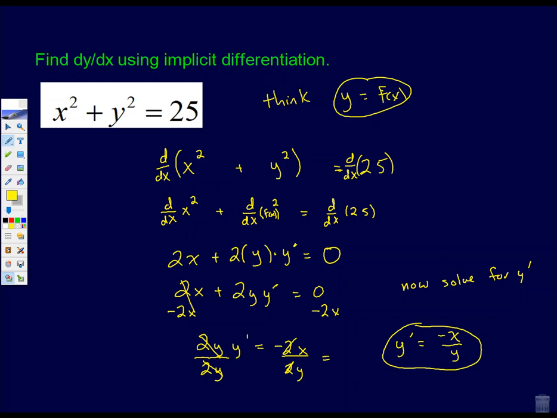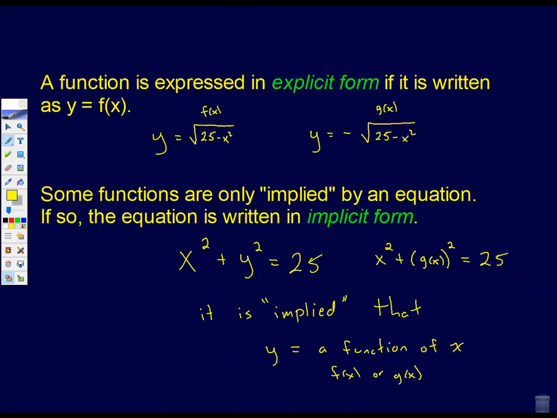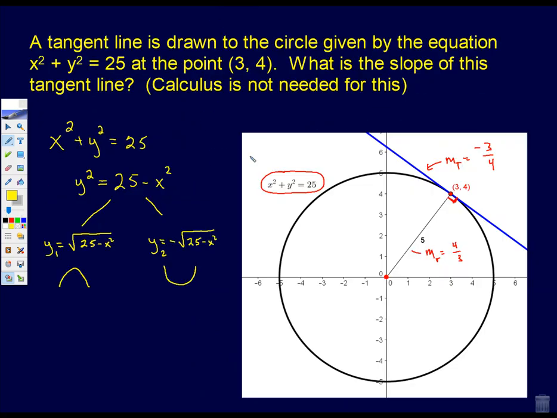Okay, so I want to scroll back to the picture of the circle a little bit ago and show you what this implies here. In our prior work, we noticed that the derivative we found with the implicit differentiation, we came up with the derivative y prime equals the negative x over y.